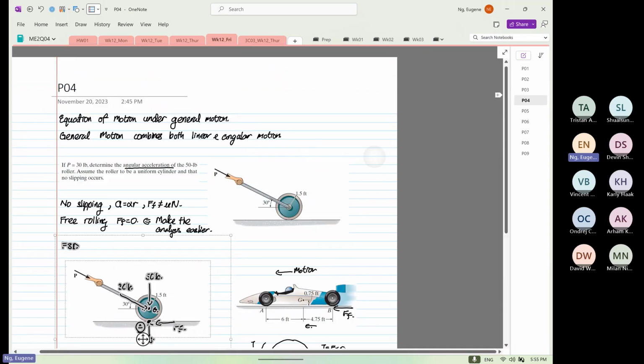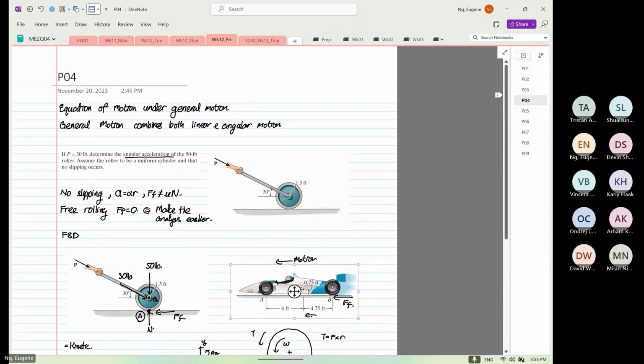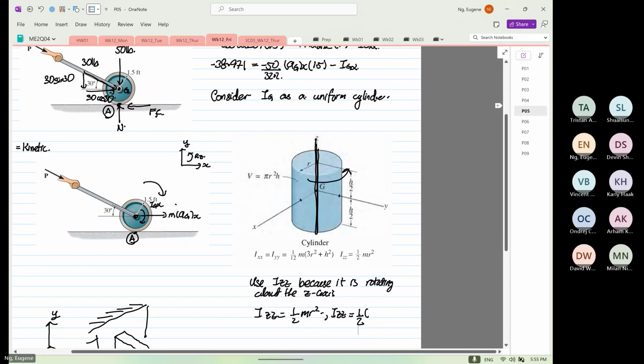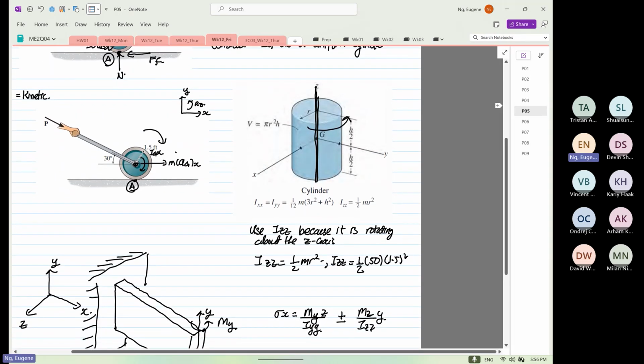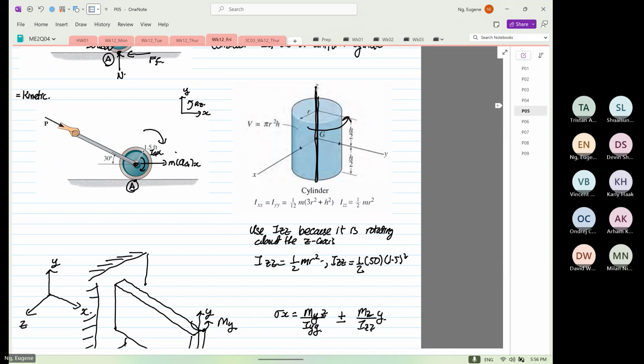I forget what our question is now. Of 50. And our radius is 1.5 squared. Is our mass 50? No, our mass is not 50. Our mass is 50 divided by 32.2.